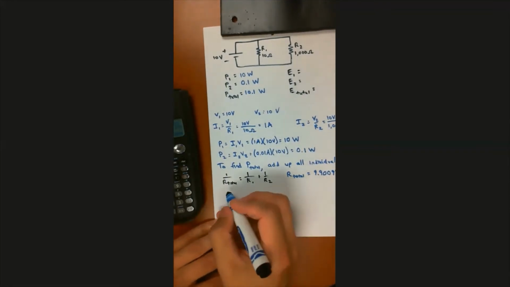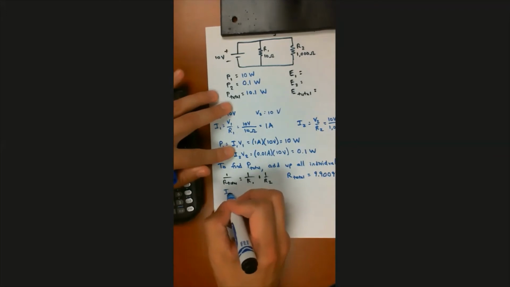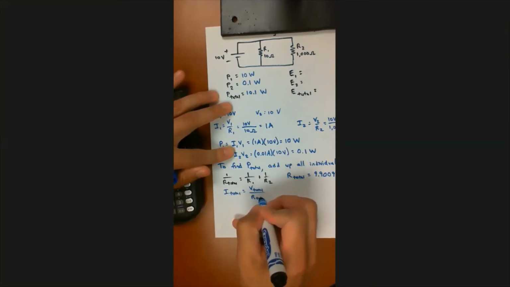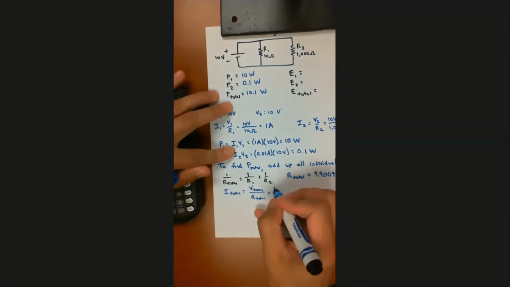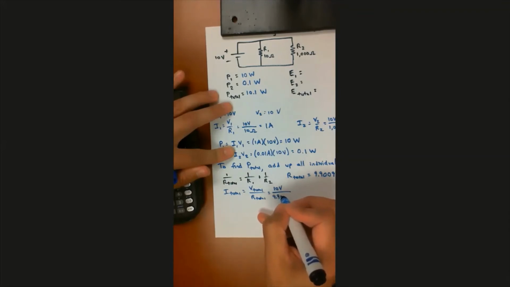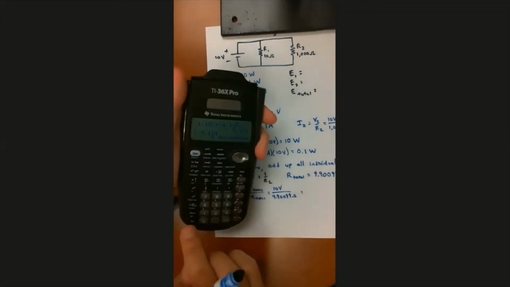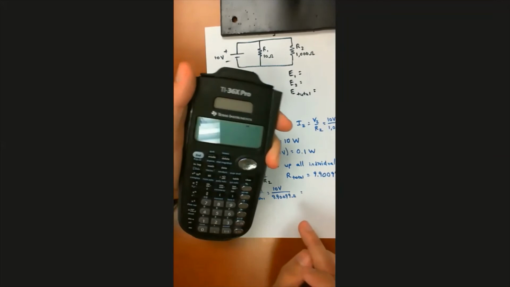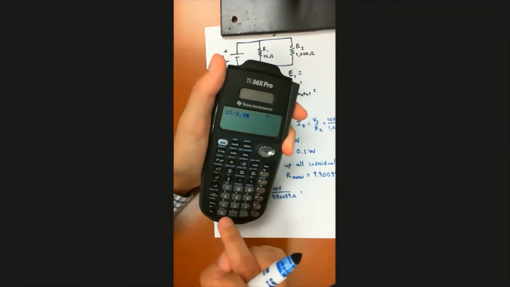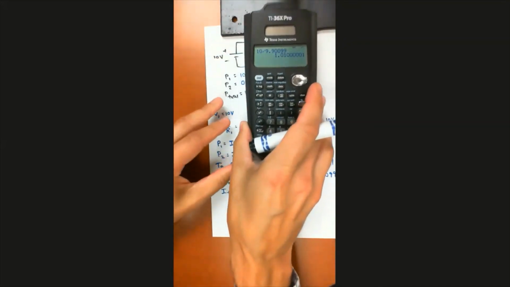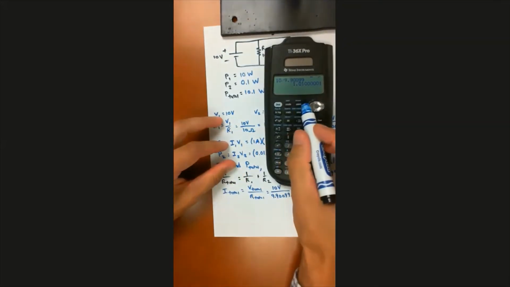Okay, so now I got R total. Now I want to get I total equals V total divided by R total. V total was 10 volts. R total was 9.90099 ohms. We can take 10 divided by 9.90099, and I get 1.01000001.